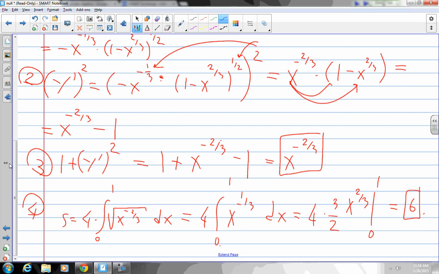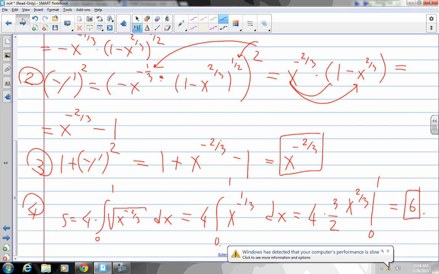You did that in Calc 1. You have like 2 telephone posts and a wire hanging, and you use the hyperbolic functions to model that, right? So it's some kind of a cosh type of problem. So we'll just set it up and we'll be able to figure it out. Can I go to the next page? Yeah, okay.